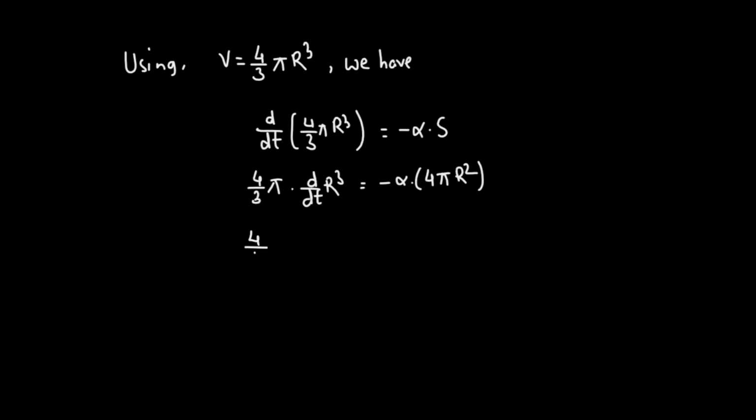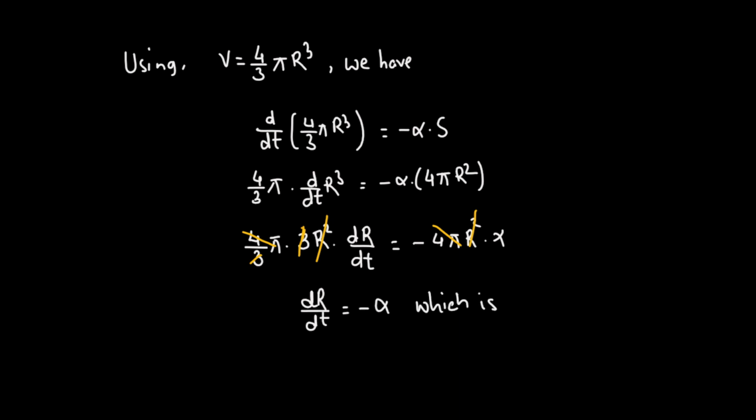This gives us 4 over 3 pi times 3r squared, which is the derivative of r cubed, multiplied by the derivative of r with respect to t, obtained by using the chain rule, and this equals negative 4 pi r squared times alpha. So we factor out the common terms from both sides, and that finally leaves us with the rate of change of the radius r of the raindrop equal to negative alpha, which means it is decreasing at a steady rate of alpha.